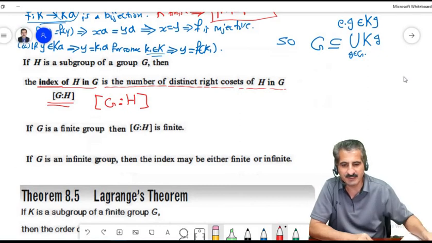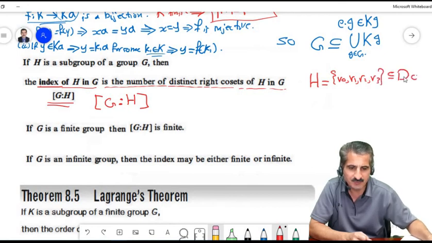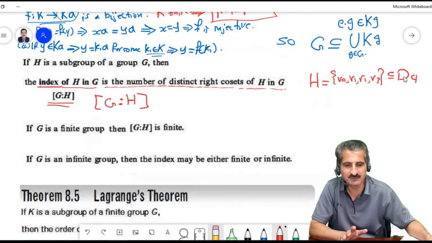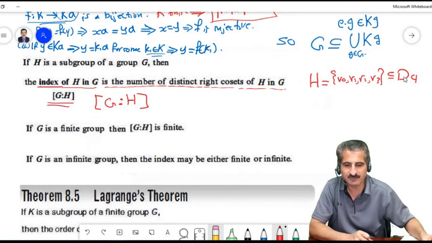Now if I go back to H, which is R0, R1, R2, and R3 inside the group D4, we used to call it K. How many right cosets were there for the subgroup?